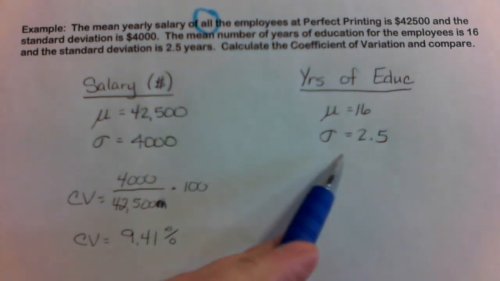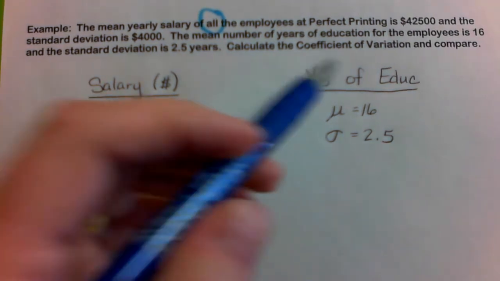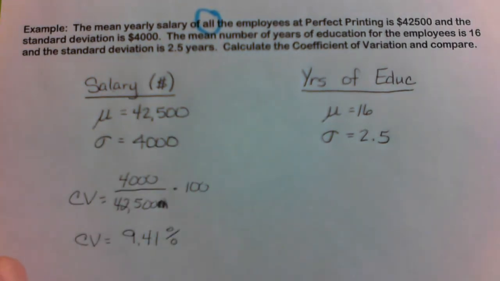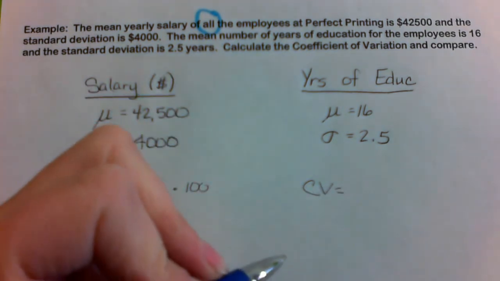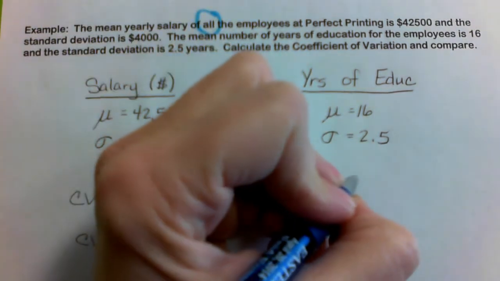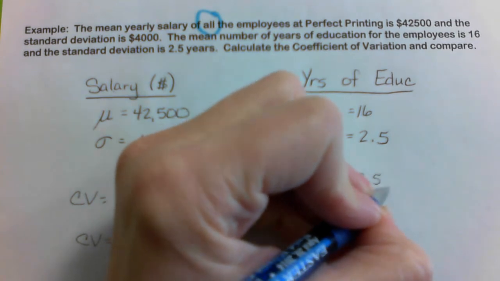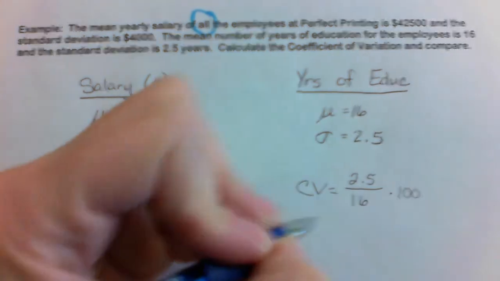So when I compare then years of education, because again, I can't compare salary to education. They're not the same unit of measurement. So what we're doing is converting them to a percent so I can compare them. So the CV here would be standard deviation. So in this case, the standard deviation is 2.5 divided by mean, 16 times 100.